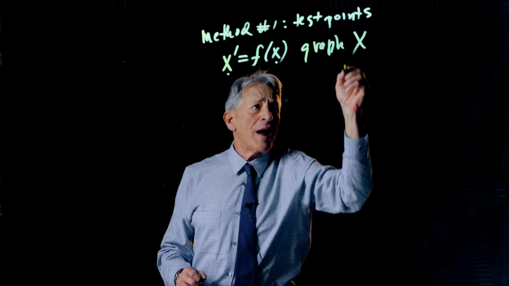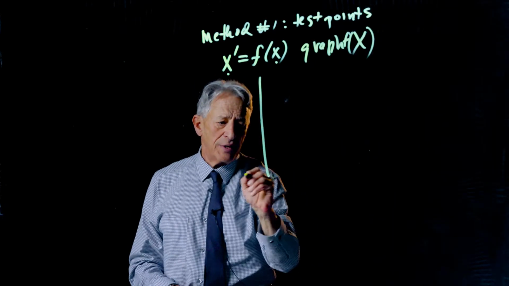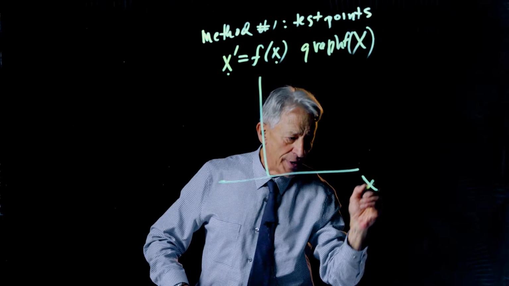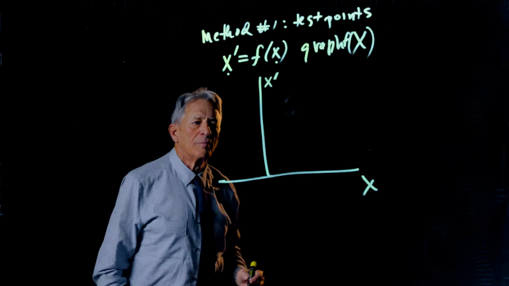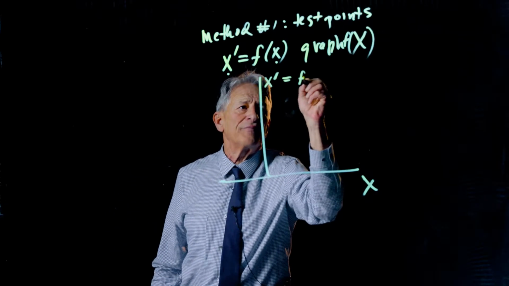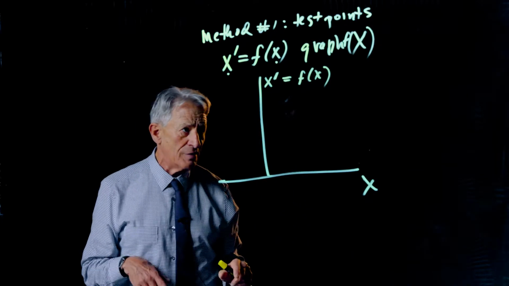And so we can graph f of x. Let's plot an axis. Here is the x-axis. And here I'm going to graph x prime. That is to say, I'm going to graph f of x. So we know how to plot f as a function of x.